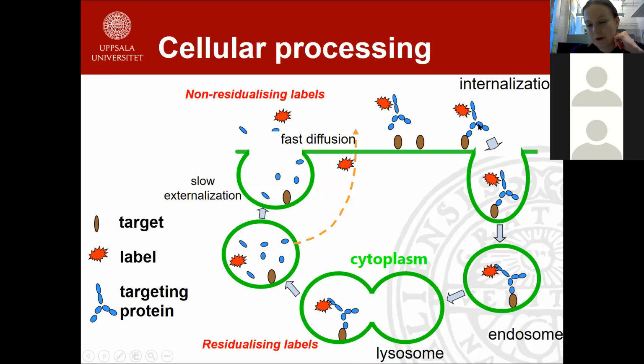If we know that our protein of interest, a monoclonal antibody, internalizes very fast in the tumor, we should not use non-residualizing labels. We can only use residualizing labels, because otherwise we just lose all our signal from the tumor.